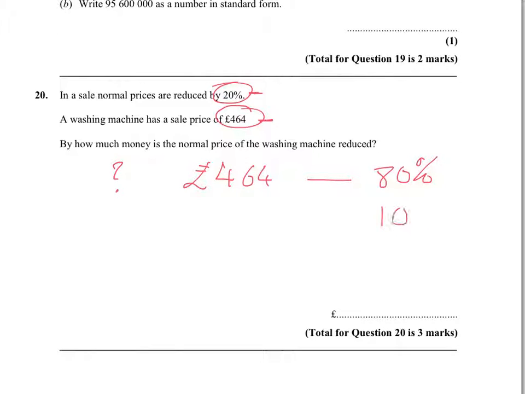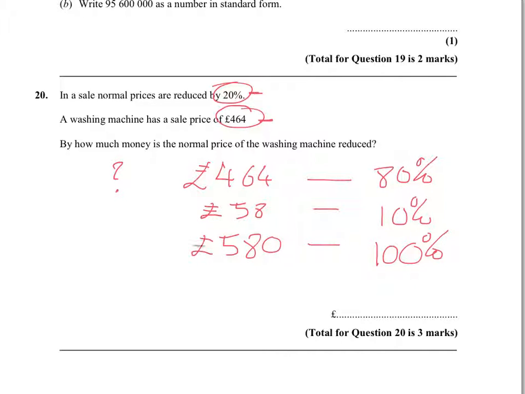So if we go down to 10% by dividing by 8, so 464 divided by 8, you could do that with or without a calculator. I'm going to be lazy and go for the calculator this time. £58 is 10%, and we want 100%, so we're going to say 580, because 10% times by 10.